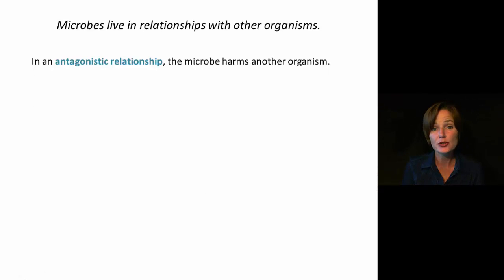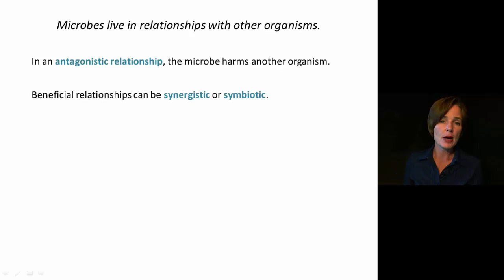Microbes can live in complex relationships with other organisms, and these relationships can be both negative or positive. In an antagonistic relationship, the microbe harms another organism. So that would be something like a pathogen. When we're talking about beneficial relationships, there are two types. We have what are called synergistic, and then we also have symbiotic.